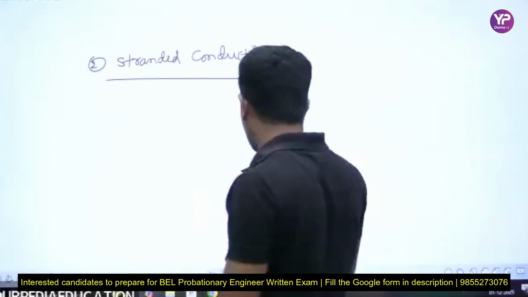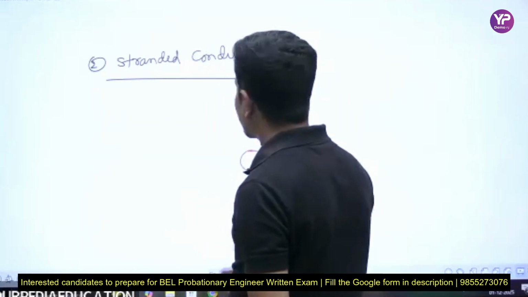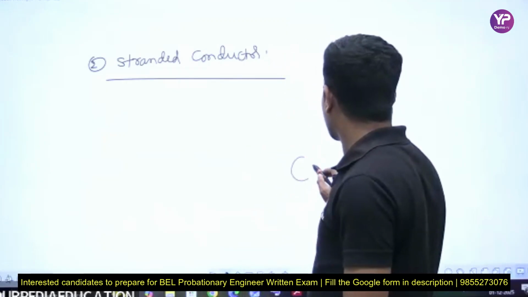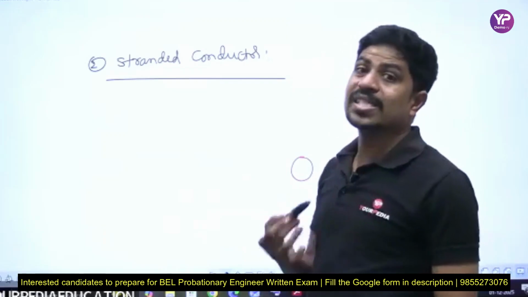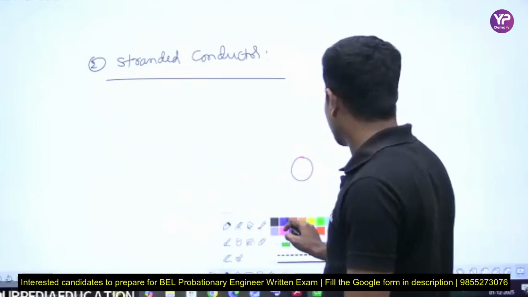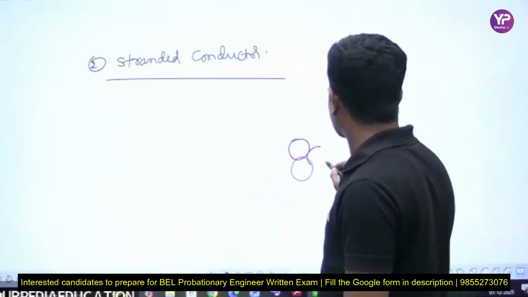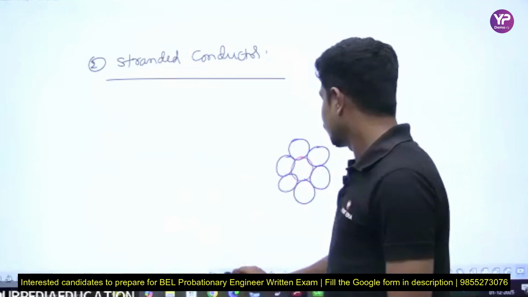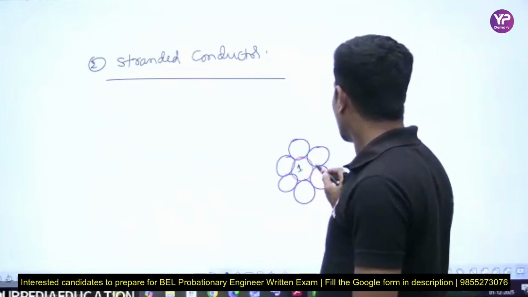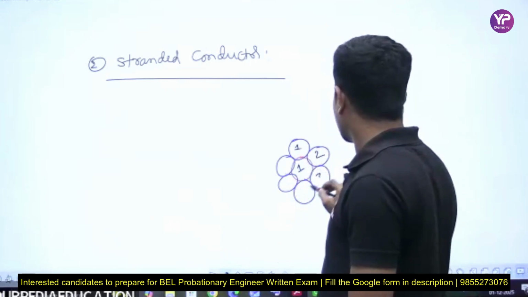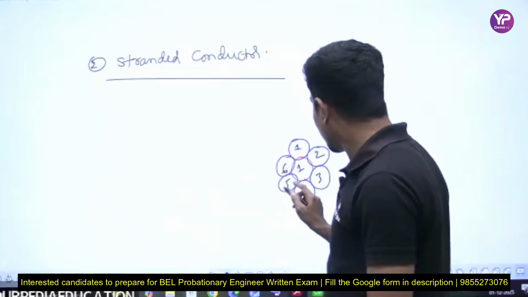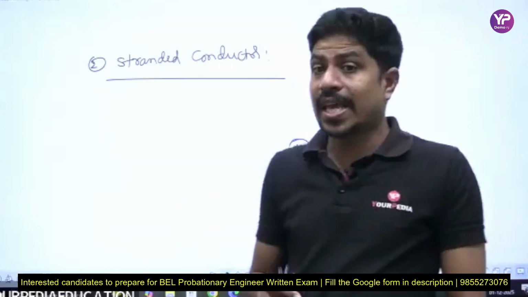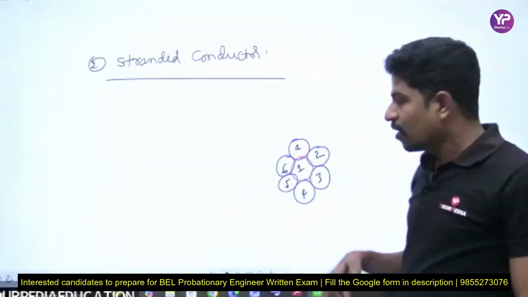Always take a central layer of one strand. On that I'm going to take 6 more strands like this, the second layer, in a different color: 1, 2, 3, 4, 5, 6. The first layer is one, the second layer is 6. For the third layer, the increment from one layer to another is 6, except from first to second layer, where it is only 5.